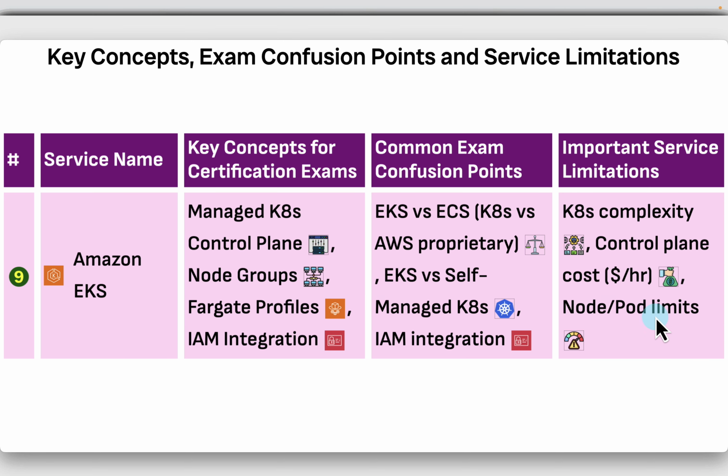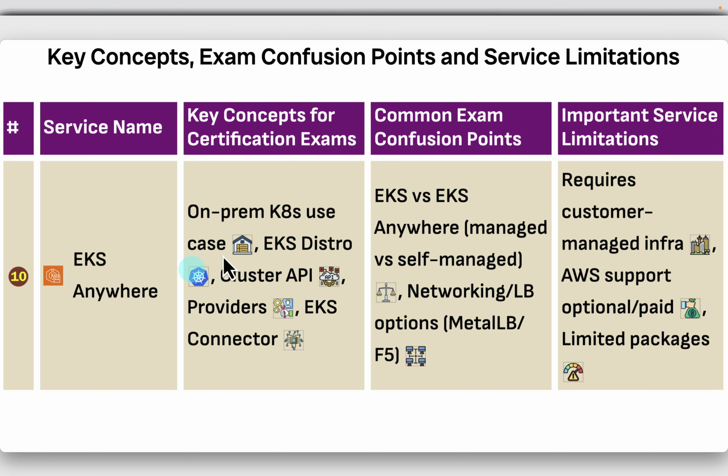EKS Anywhere. Key concepts for the exam are on-prem Kubernetes use case. There is an EKS Distro involved because you will use EKS Distro to spin up EKS Anywhere, cluster API providers, and EKS Connector. Common exam confusion points are EKS versus EKS Anywhere, the previous service which is managed, and this is self-managed, but you get the same user experience on-prem.